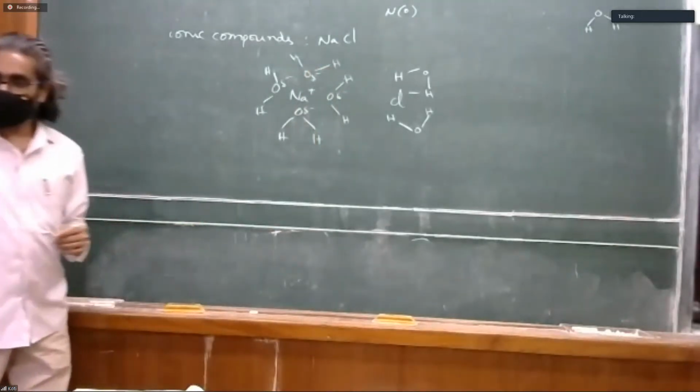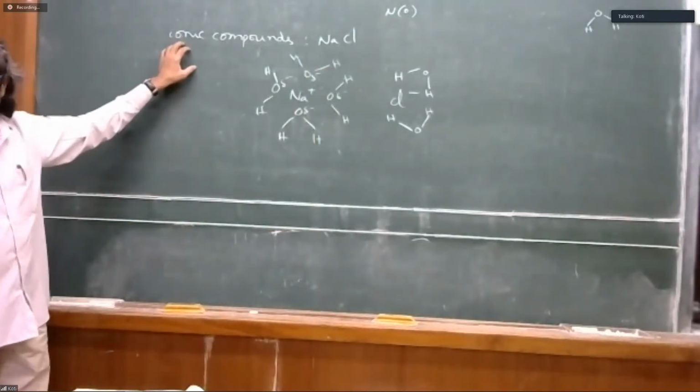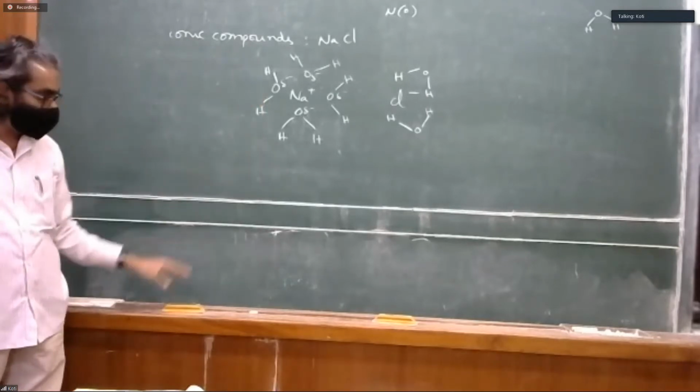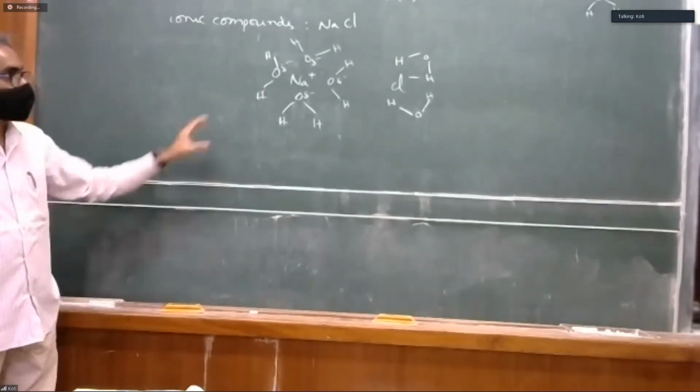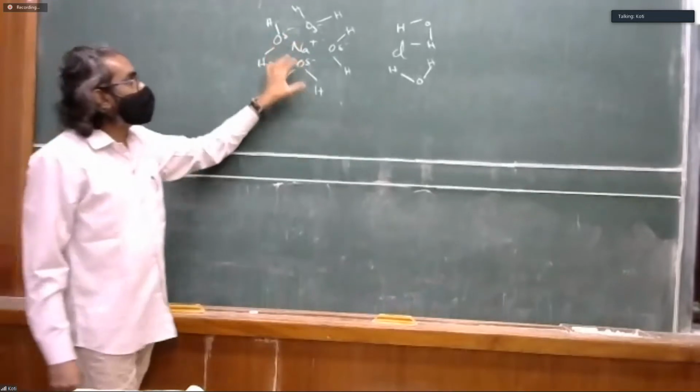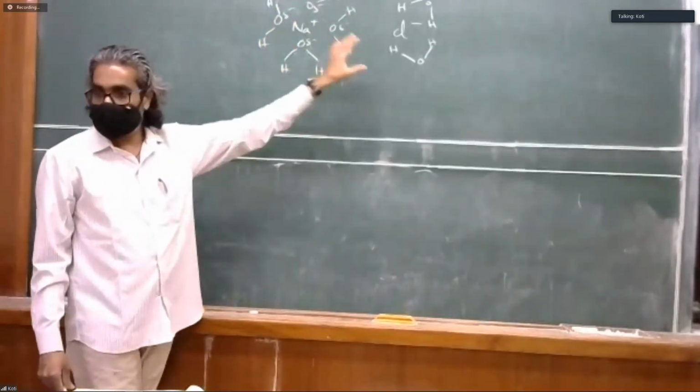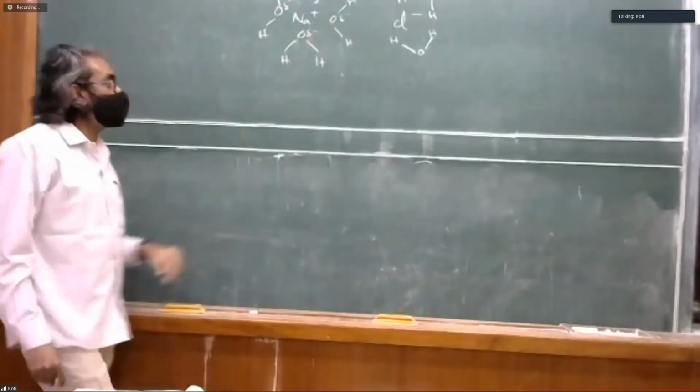Ionic compounds can easily dissolve in water by this process because the solvated ions have lower energy than the whole compound.